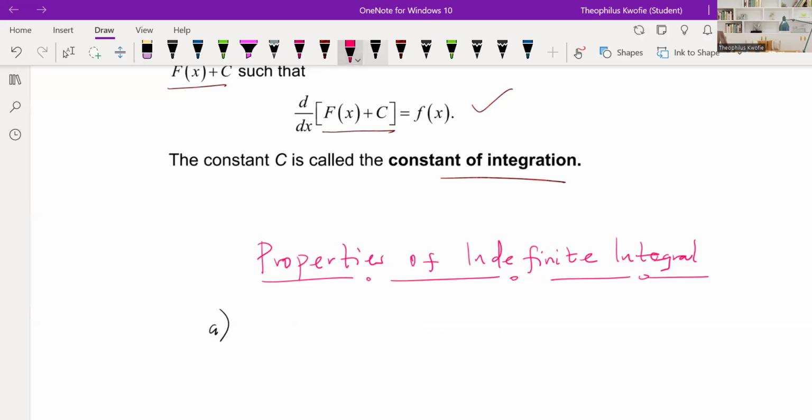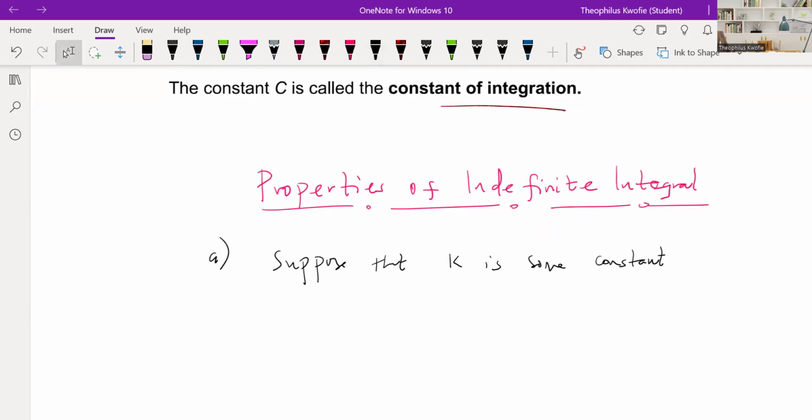All right, so let's get going. Suppose that k is some constant. Then we claim that when we take the integral of that constant, we get kx.